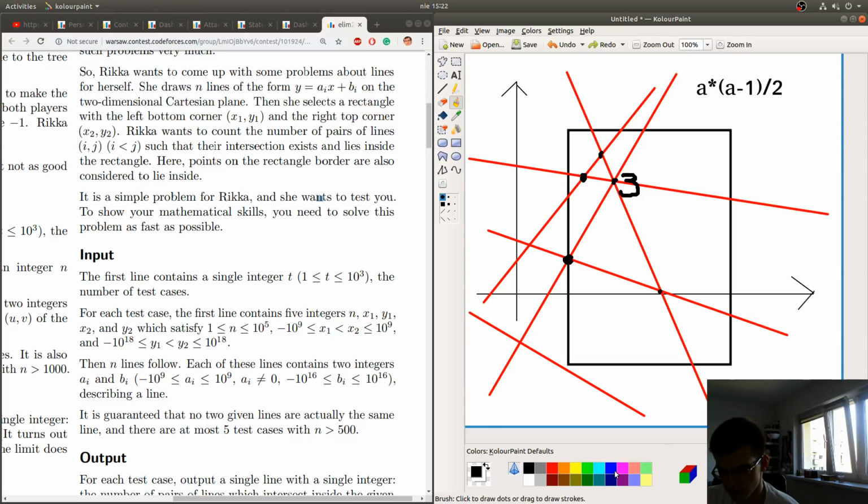So let's put blue color for that. We have an intersection here, here, and so on. This is what we can find, and the complexity of that will be O(n). It's also here, but I don't want to spoil the drawing.